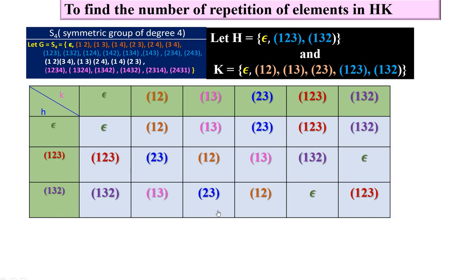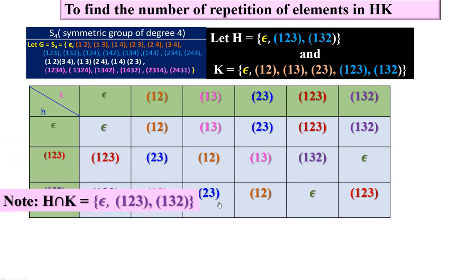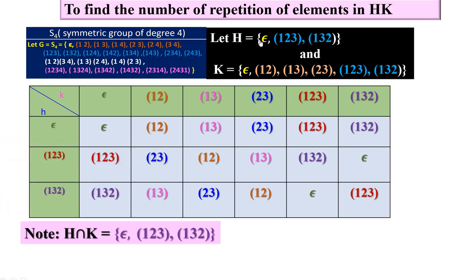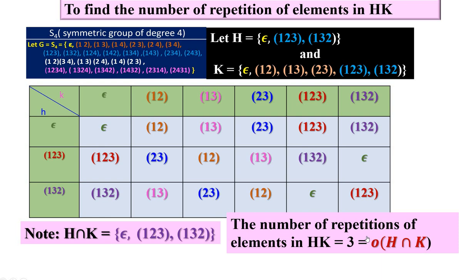So the cell gives us 18 elements. And here we can easily see that H intersection K is just our H itself: epsilon, (1 2 3), (1 3 2). And the number of repetitions of elements in HK is 3. Each one is repeated 3 times. So that is the order of H intersection K.